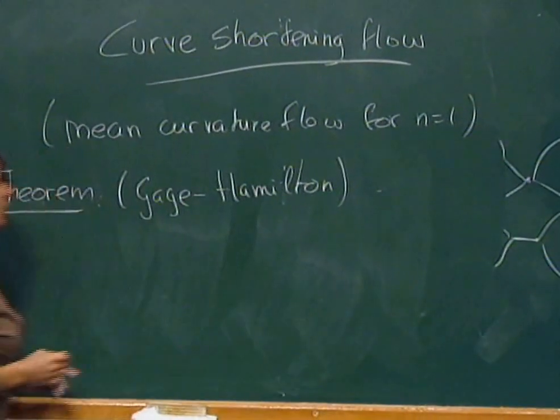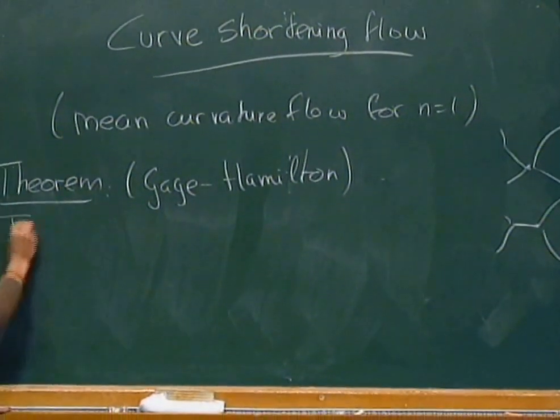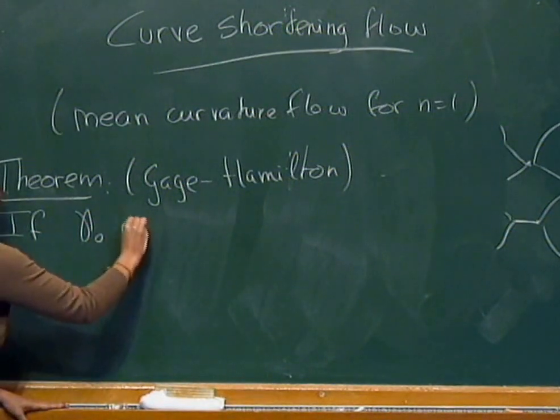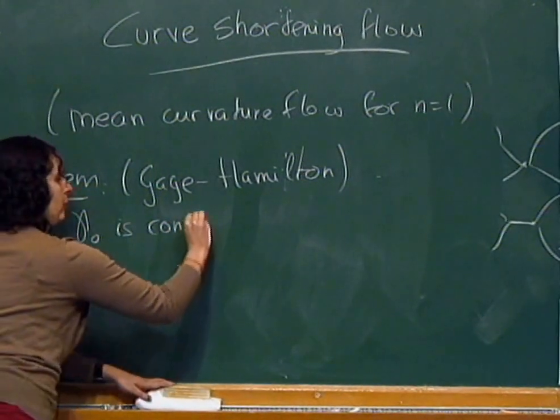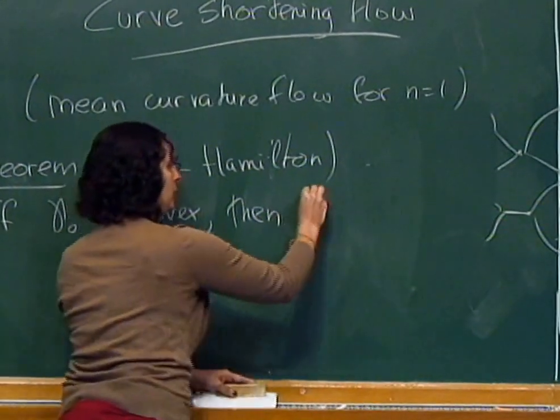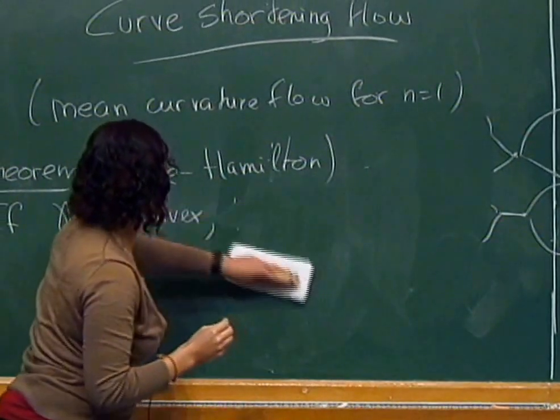And they said the following. If the initial curve, if gamma 0 is convex, then the evolution exists for a finite time. Well, convex, closed, embedded.